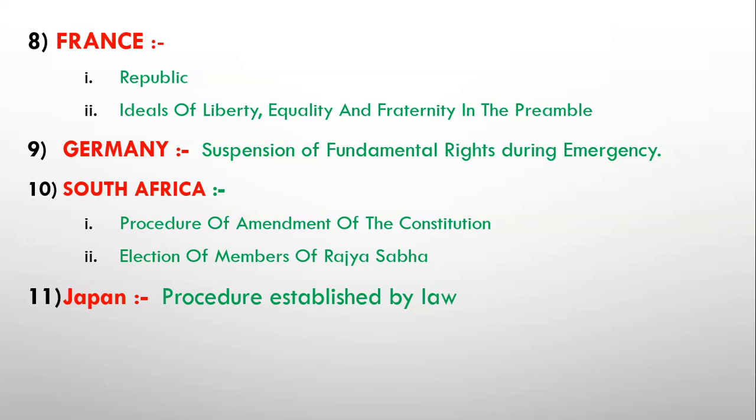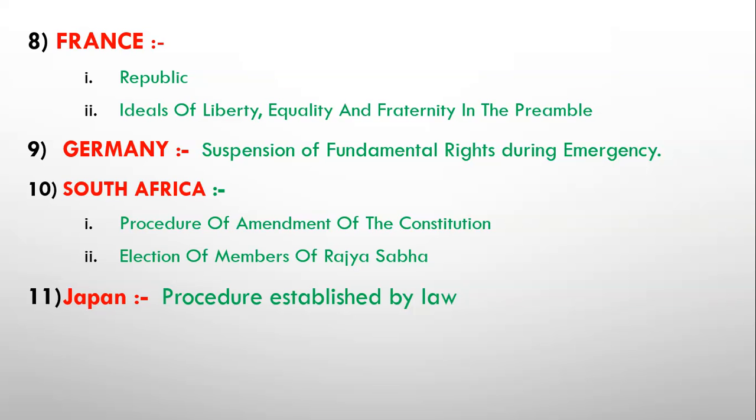But the president does not have the power to suspend fundamental rights under Article 20 and Article 21. When we study the concept of emergency, we will study it in detail. For the time being, just understand that the suspension of fundamental rights during emergency was adopted from the Constitution of Germany.